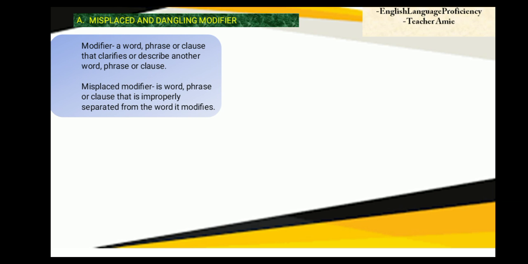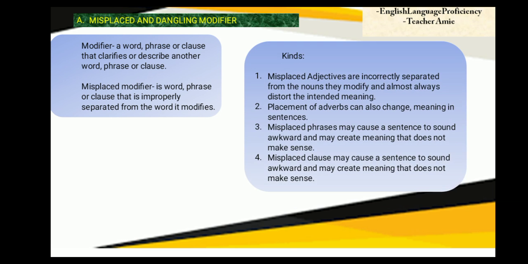Misplaced modifier is a word, phrase, or clause that is improperly separated from the word it modifies. So usually, the position is, for example, that is a delicious ice cream. So yung delicious na yun, kailangan nasa tabi siya ng ice cream so that you can determine that the word delicious is trying to modify the word ice cream.